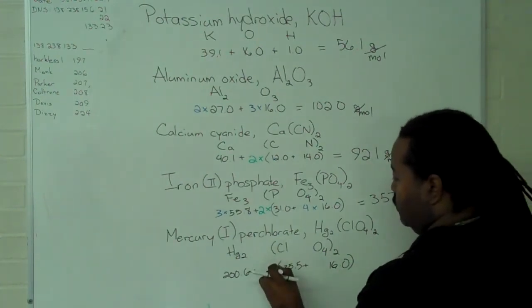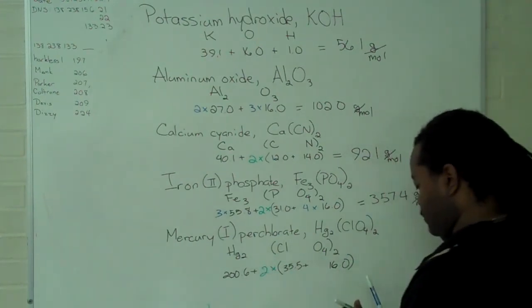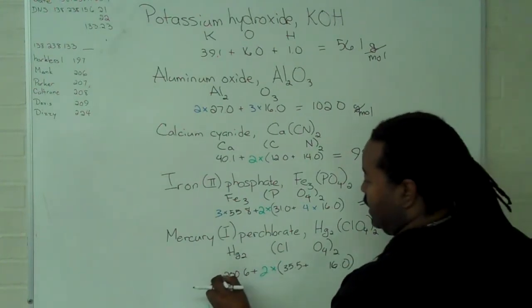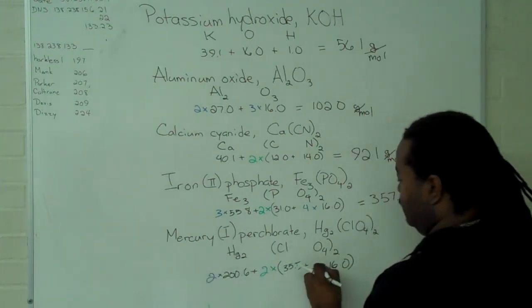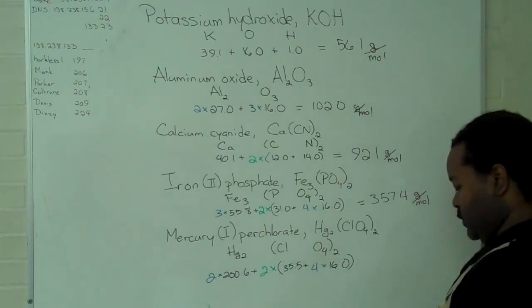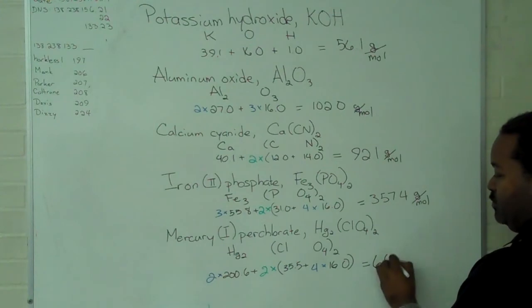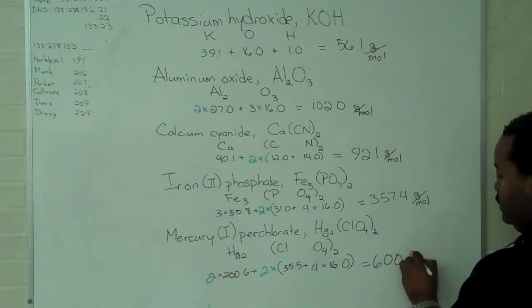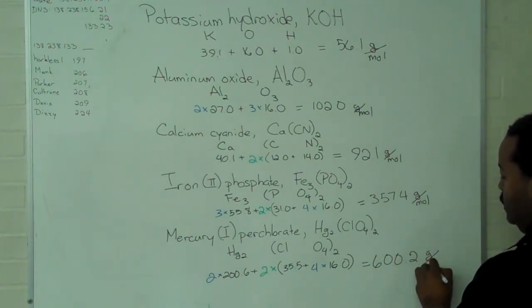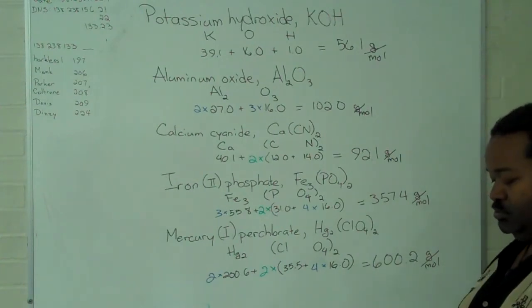And we know that we're multiplying the polyatomic by 2, and we have the subscripts that came with everything. We have a 2 here and a 4 here. And multiplying through will give us a value of 600.2 grams in 1 mole of the substance.